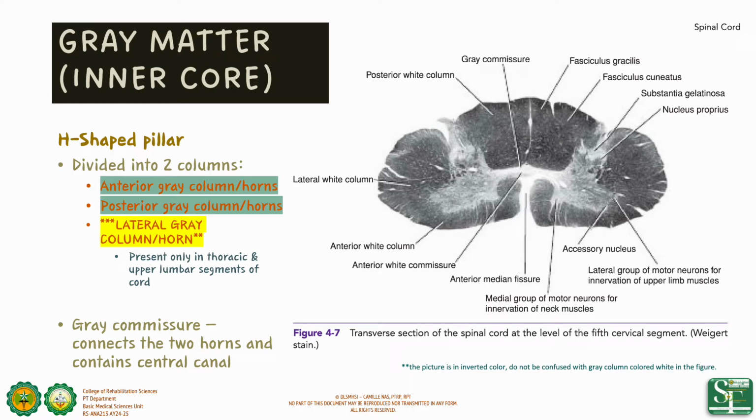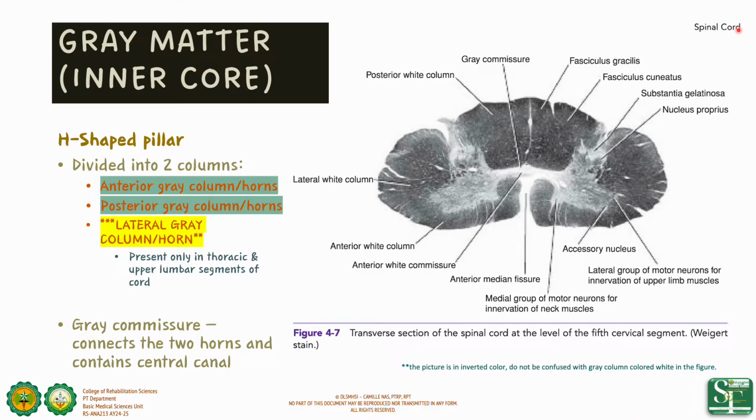Alright, so let's move on first with the gray matter or the inner core of the spinal cord. Again, this is the collection of cell bodies within the spinal cord. It looks like a butterfly kanina, but it's also a H-shaped pillar. It's divided into two columns. Meron tayong anterior gray column and posterior gray column. Pero, para hindi tayo malito, kasi meron din sa white matter na mga columns, gamitin natin yung horn.